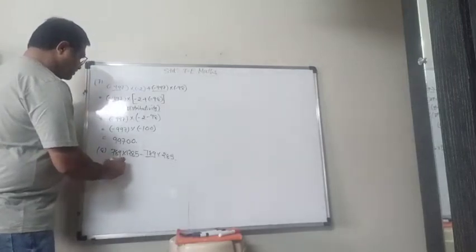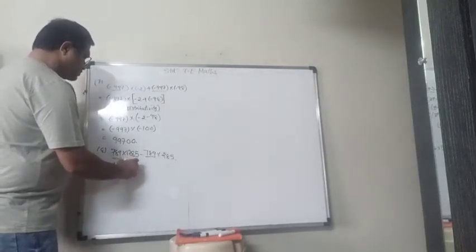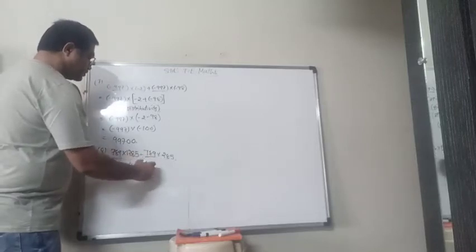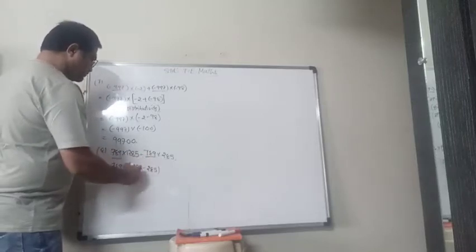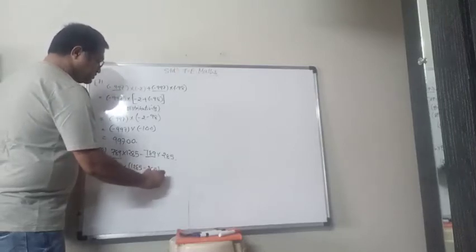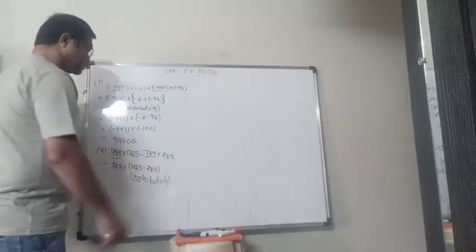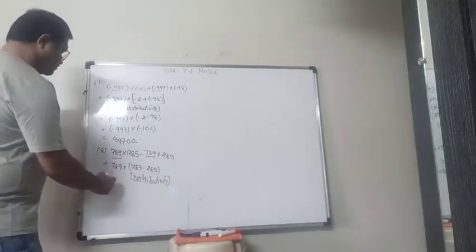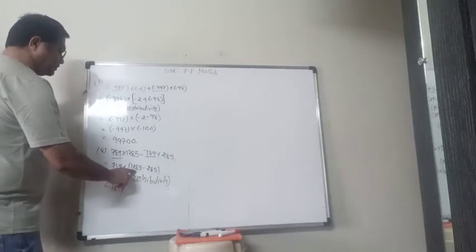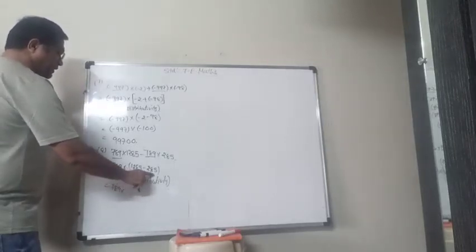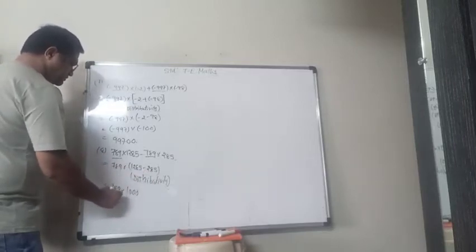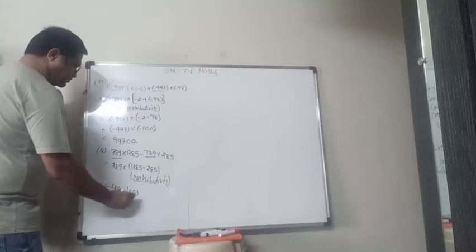So 789 multiplied by 1285 minus 285. Also here distributivity. So is equal to 789 multiplied by, now 1285 minus 285 is 1000, and then 789 and 3 zeros.